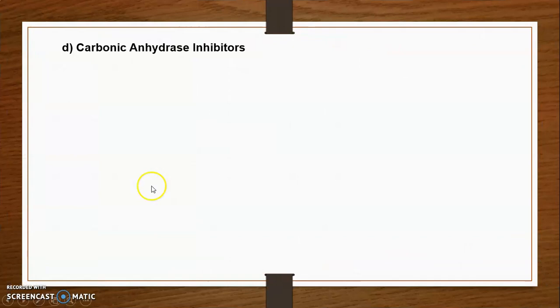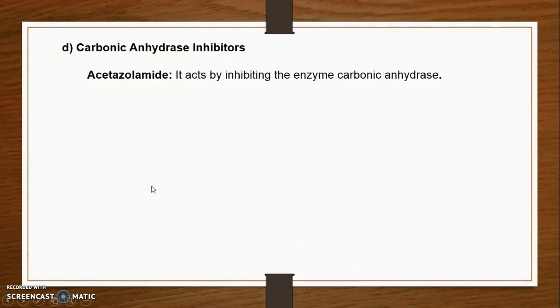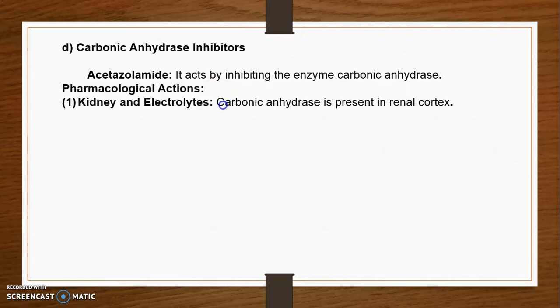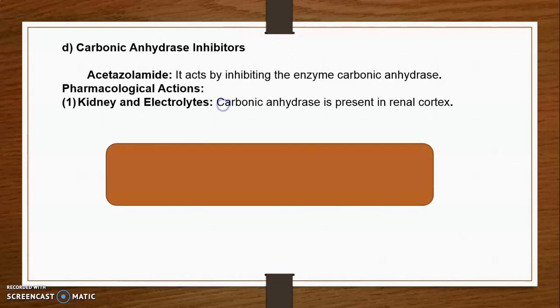Then carbonic anhydrase inhibitor. Example of it is acetazolamide. It acts by inhibiting the enzyme carbonic anhydrase. Pharmacological action of it on the kidney and electrolytes: carbonic anhydrase is present in the renal cortex.